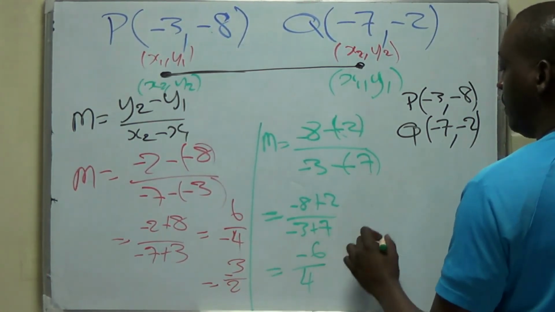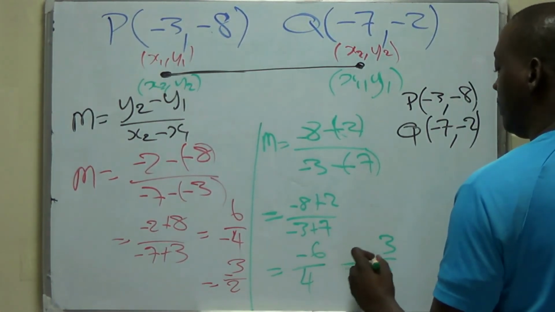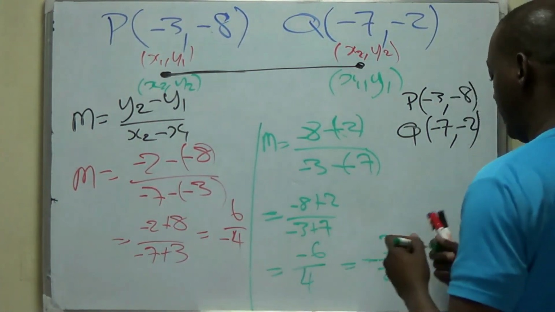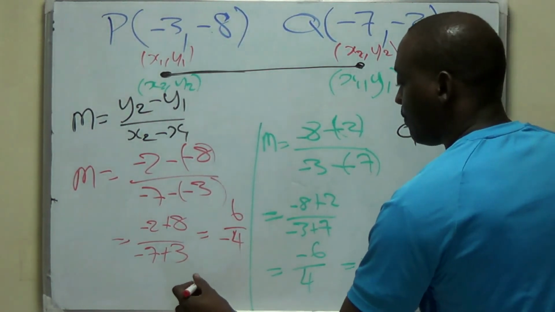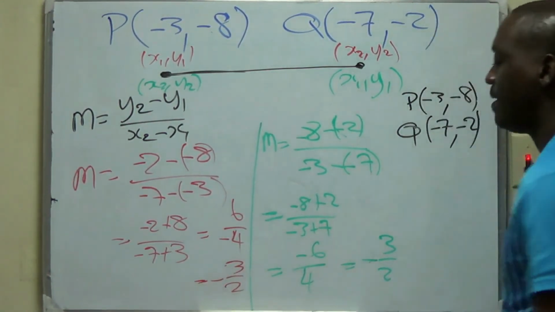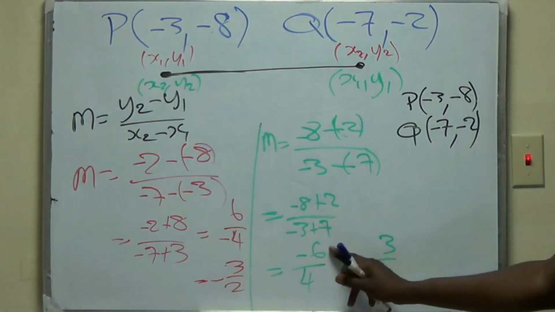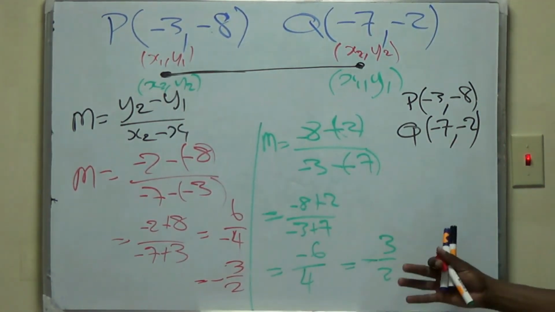Minus 6 over 4 will be equal to −3 over 2 as the final gradient. Let me just underscore that: −3 over 2. So whether the minus sign is on the 4 or on the 6, your final gradient is −3 over 2.